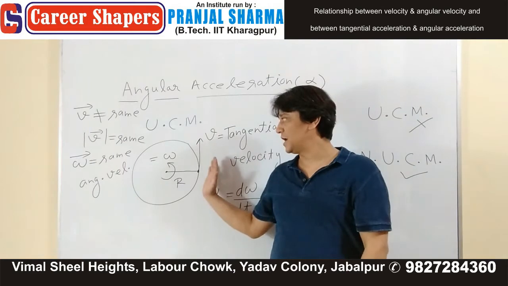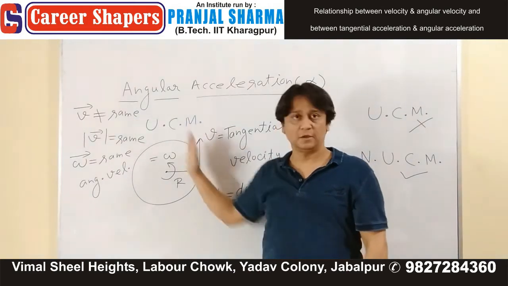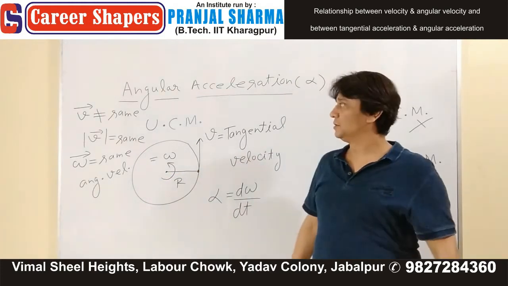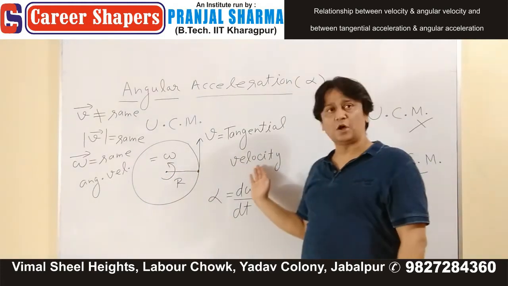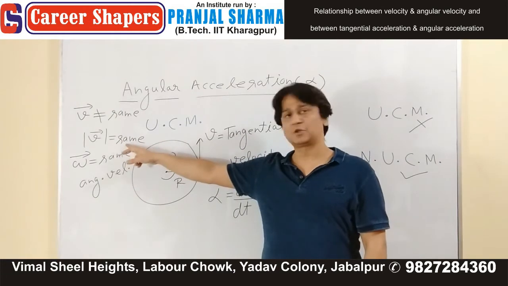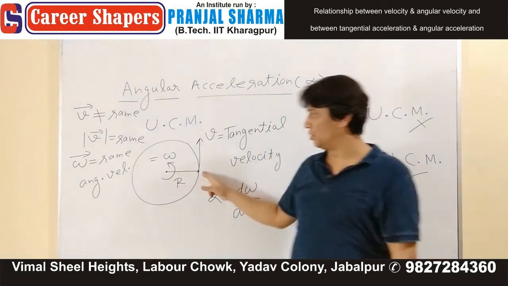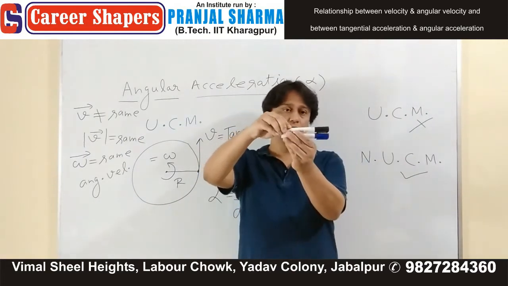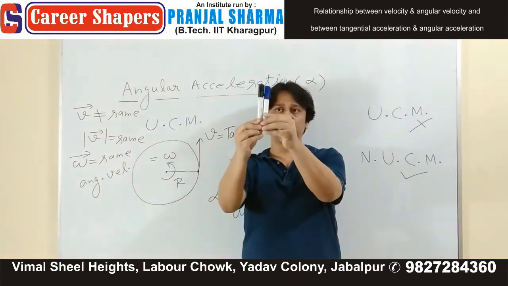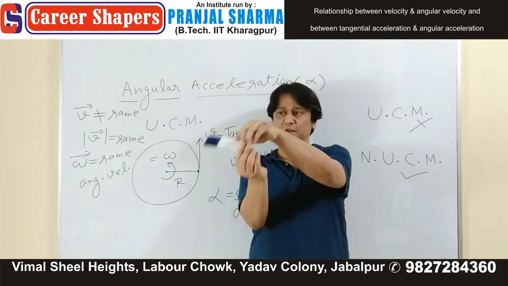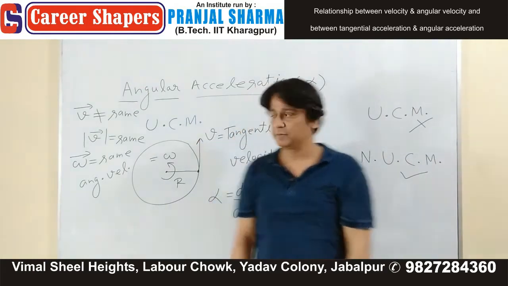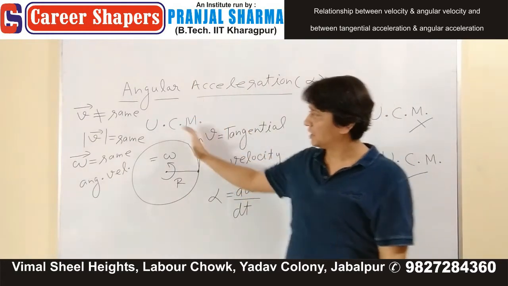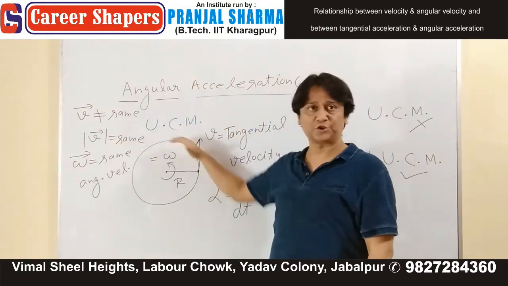There are infinite values of v. Direction wise, there are infinite values. But if your speed is constant, then anywhere you go, your rate of change of angle will be what? Same. And how do you decide direction? Take your right hand, curl along the direction of rotation.